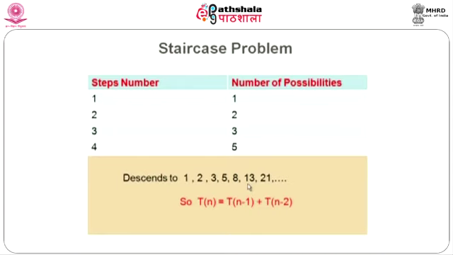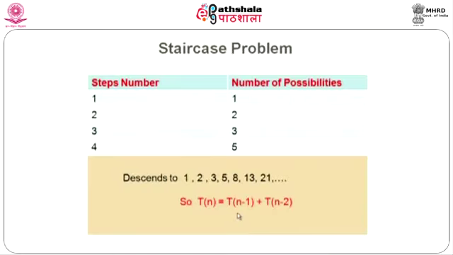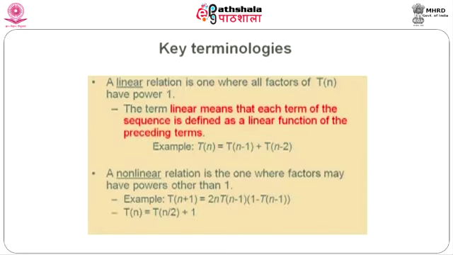Therefore, you can come to a conclusion that the staircase problem has the same recurrence relation as the Fibonacci series, T of n is equal to T of n minus 1 plus T of n minus 2. In other words, the most difficult part in recurrence equation analysis is the formulation of the recurrence equations.